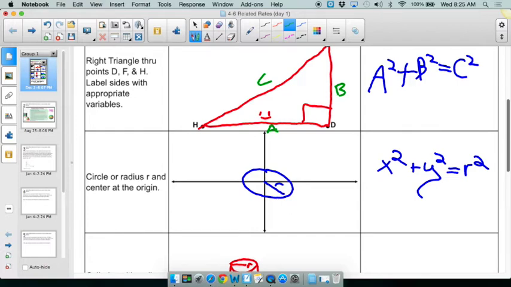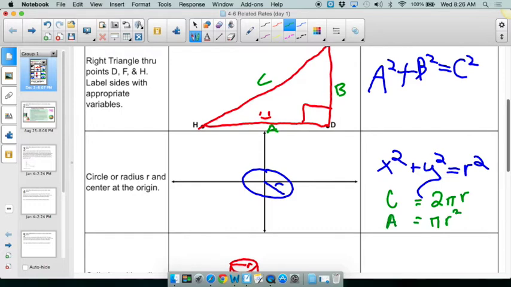What is the other equation that we know that we can use with circles? 2 pi r. Okay. What is 2 pi r? The volume. A circle is a flat object, two-dimensional, doesn't have a volume. Circumference. Any other circle equations that you know? Area is pi r squared.